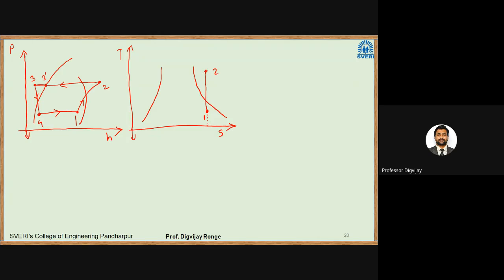So from 2, there will be cooling to the saturation vapor curve. So this will be point 2 dash. Then it will pass through the condenser. Then there is subcooling. Subcooling is shown on the same curve here. So this will be point 3 dash, and this will be point 3. Because of subcooling, the temperature reduces.